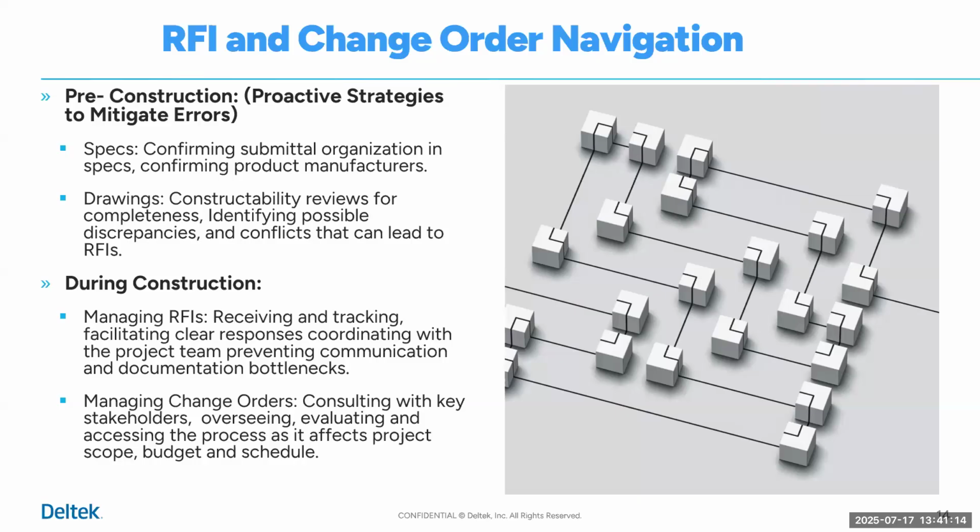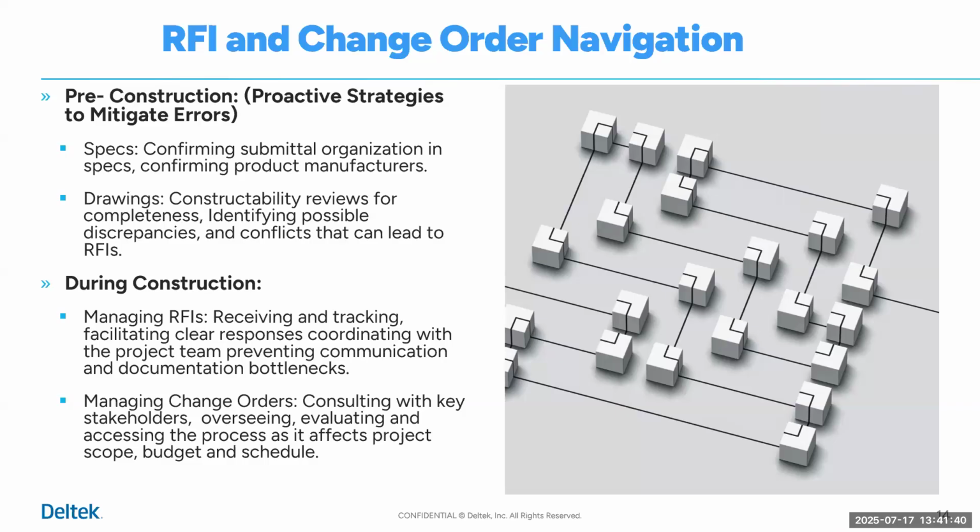Also in pre-construction, when it comes to the drawings, constructability reviews for completeness and identifying any possible discrepancies and conflicts that could lead to RFIs is important. We may not catch everything, but my goodness, the better you coordinate, the fewer RFIs and change orders later.